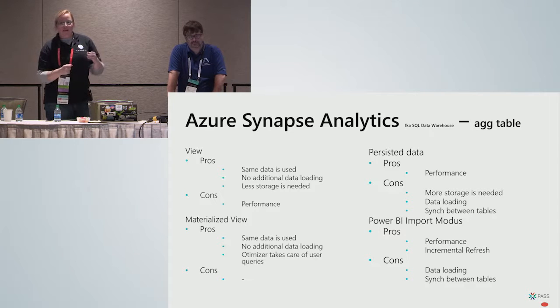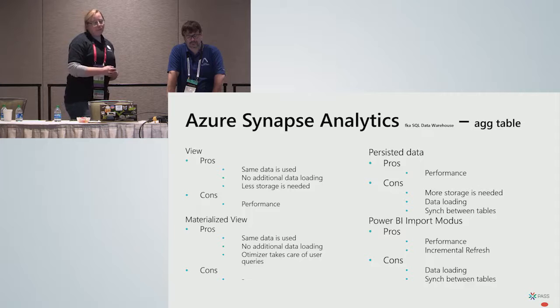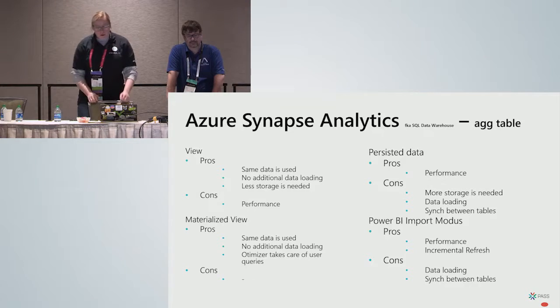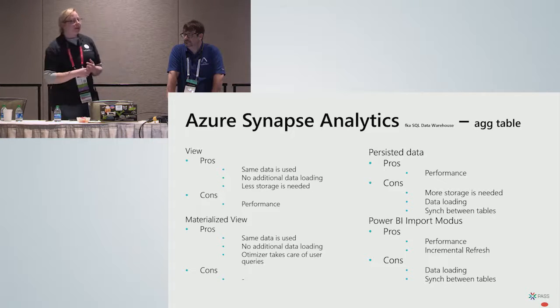The engine detects when new data is available in the data source and refreshes the materialized view, so this could be an option to avoid handling the update process. Persisting the data by an ETL process that you choose yourself is another option. And the third option is just to import the data into your Power BI data set.